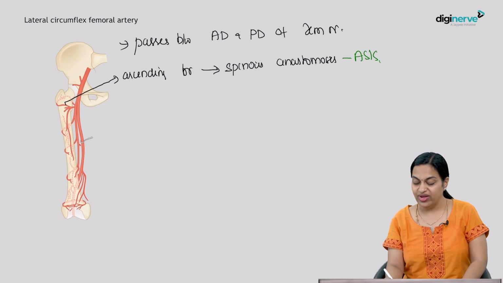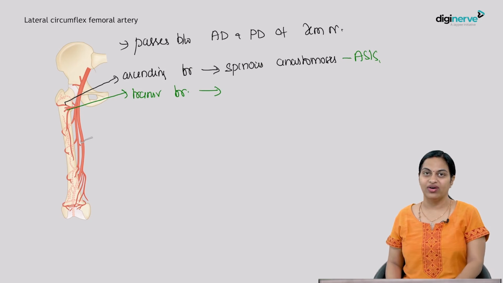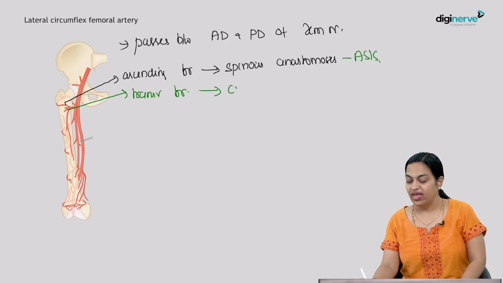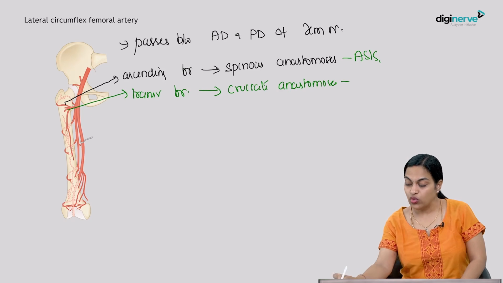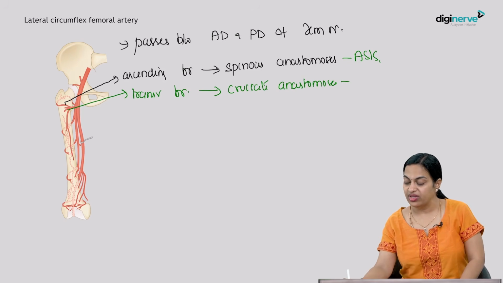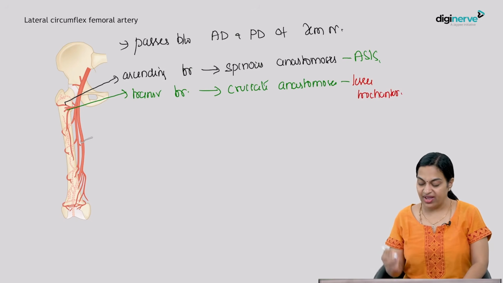And then you get to see a transverse branch, right? This transverse branch of lateral circumflex femoral will participate in the cruciate anastomosis. This cruciate anastomosis is situated in close relation to the lesser trochanter of femur, right?